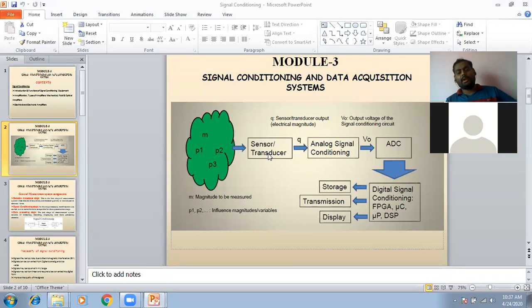Once you get the input from the sensor, I don't know whether the signal is proper or not, so I need to do some modifications like amplification, or filtering if noise is present. If the voltage or current is too low, I need to amplify it. These are the things I do in signal conditioning.